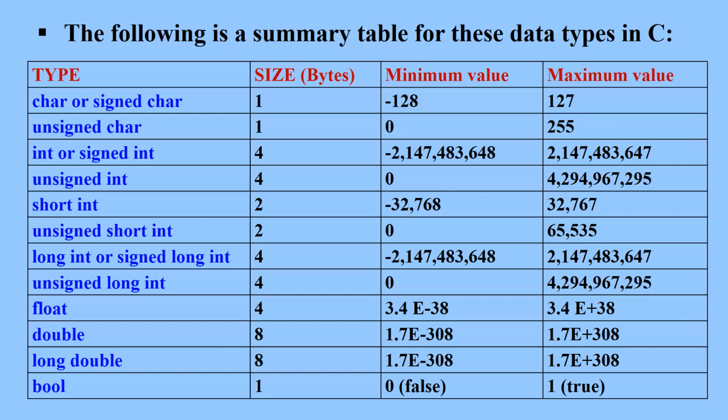Short int is of size 2 bytes. It can accommodate values ranging between negative 32,768 to 32,767. Unsigned short int is of size 2 bytes. It can only accommodate a minimum value of 0 and a maximum value of 65,535. So you can't use unsigned short int for negative numbers.